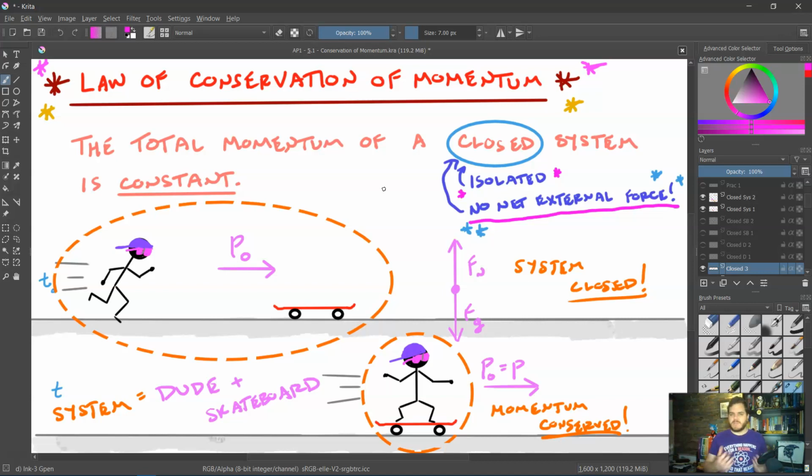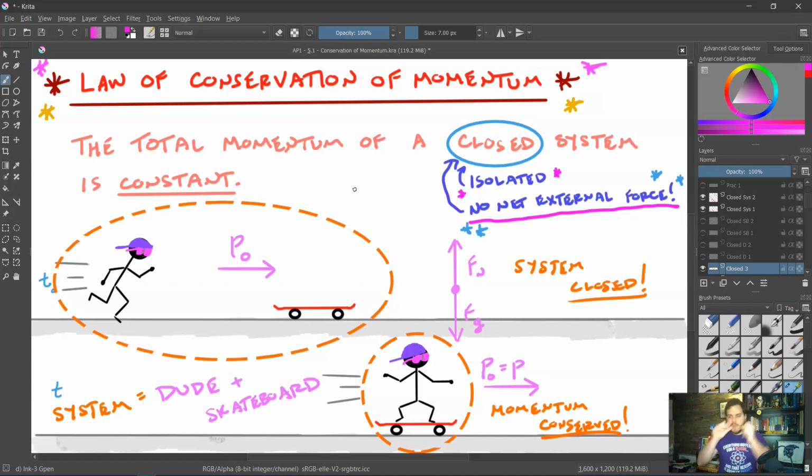But we're not going to have any friction forces here, because the friction force he applies to the skateboard and the one it applies back are an internal force pair. So that is not an external force now, because we've defined our system very carefully. The system will now be closed and momentum will now be conserved. So we know for a fact that the momentum of this afterward must equal the momentum it had beforehand.